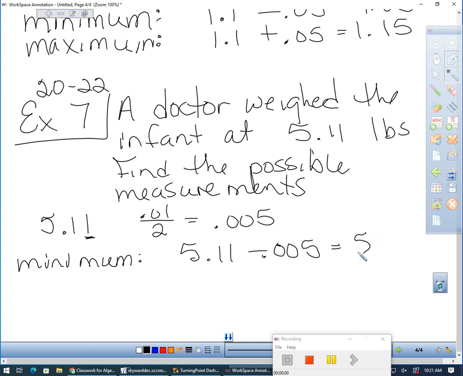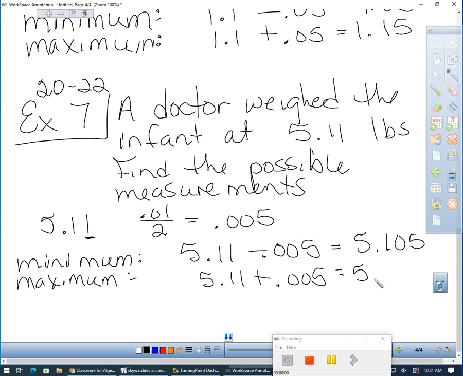So we should get 5.105, right? Okay. For my maximum, I take 5.11 and I add 0.005. So we get 5.115. So this infant can be anywhere from 5.105 to 5.115. Okay, that's its area. All right. Does that make more sense?